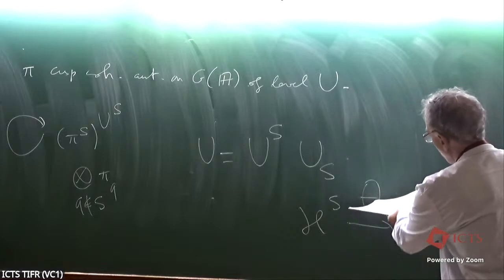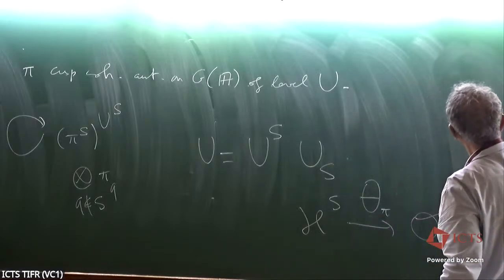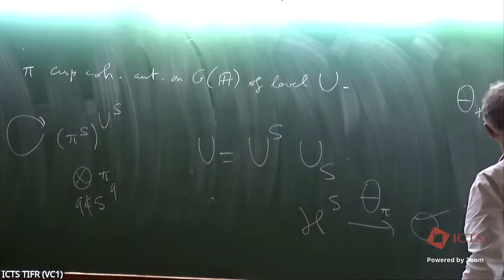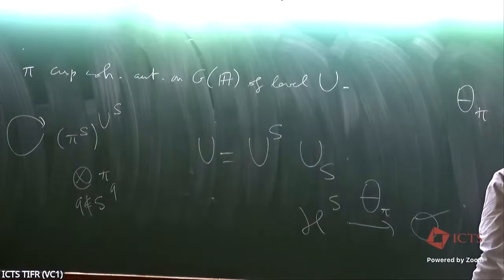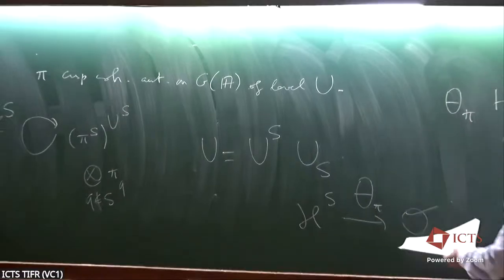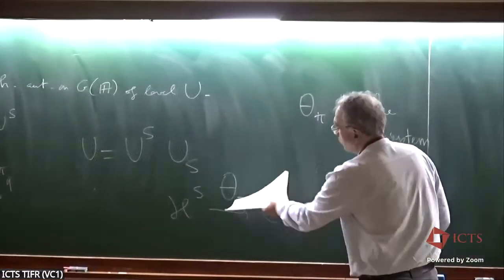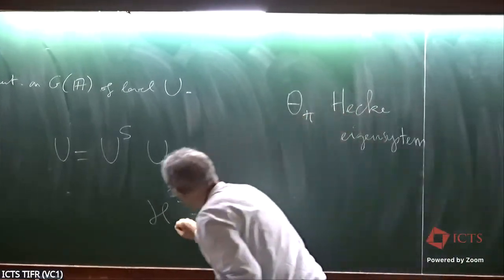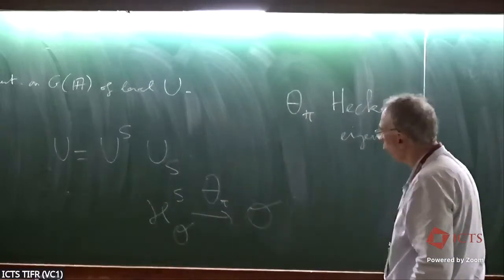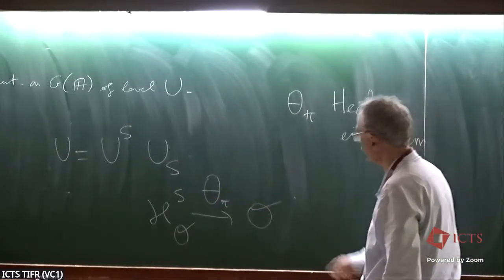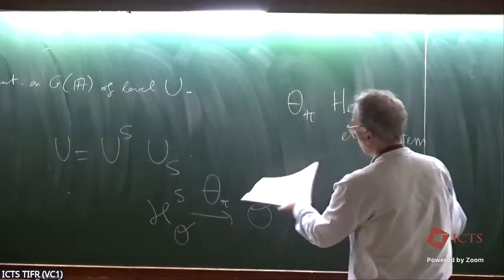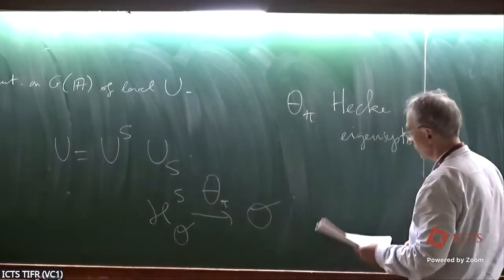And such a homomorphism is called a Hecke eigensystem. You tensor by O so that it becomes an O-algebra homomorphism. So you have an O-algebra homomorphism called Hecke eigensystem.